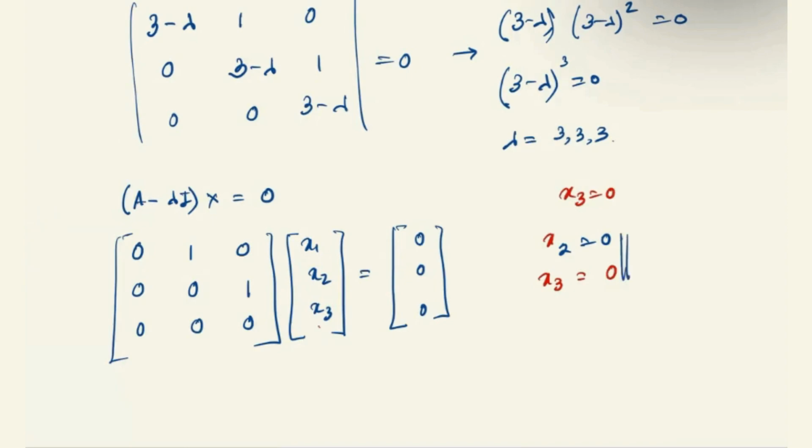So these two are mandatorily 0. But your x1 is a free variable, it can take anything. So one of the valid solutions will be 1, 0, and 0.